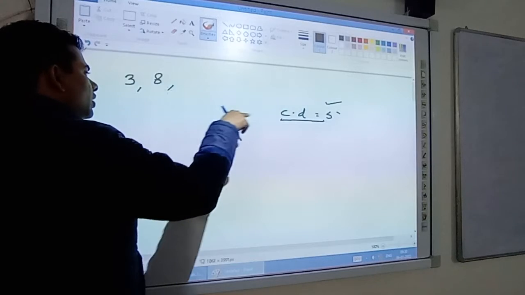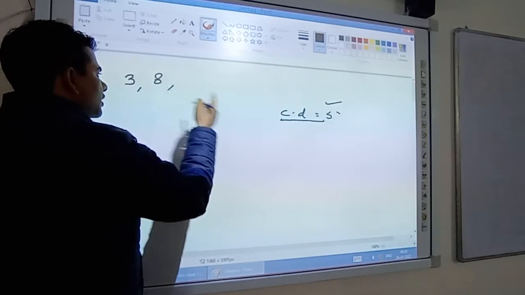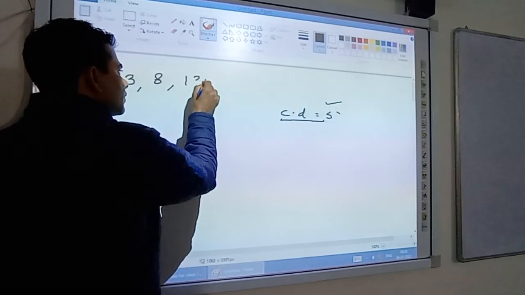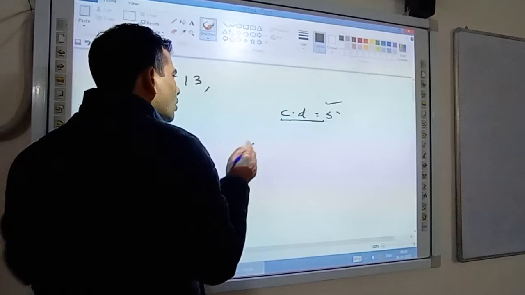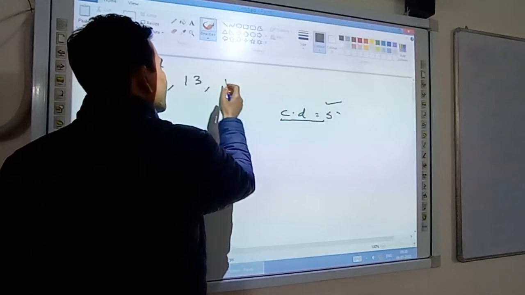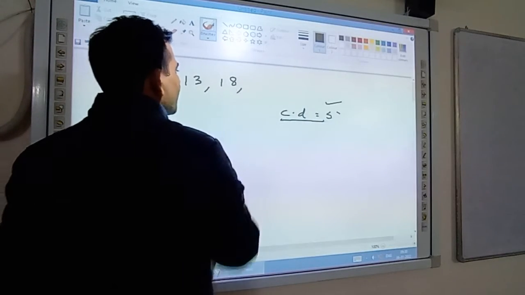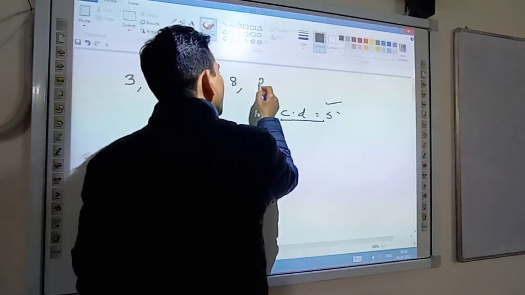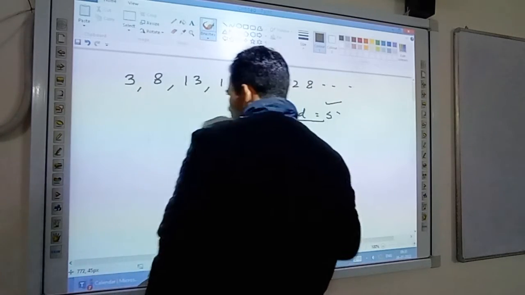If we add the common difference to the second term, we will obtain the third term. 8 plus 5 is 13. And if we add the common difference to the third term, we will obtain the fourth term. 13 plus 5 is 18, and 18 plus 5 is 23, and 23 plus 5 is 28, and so on.